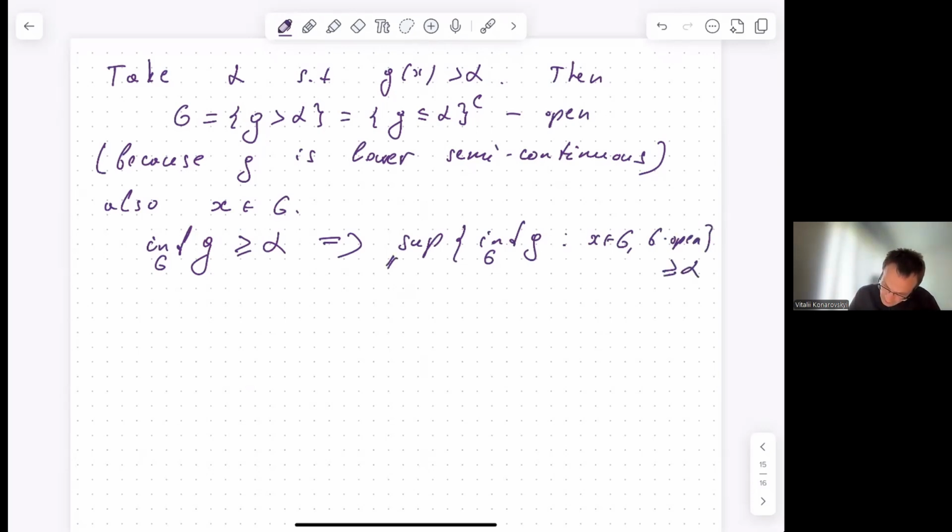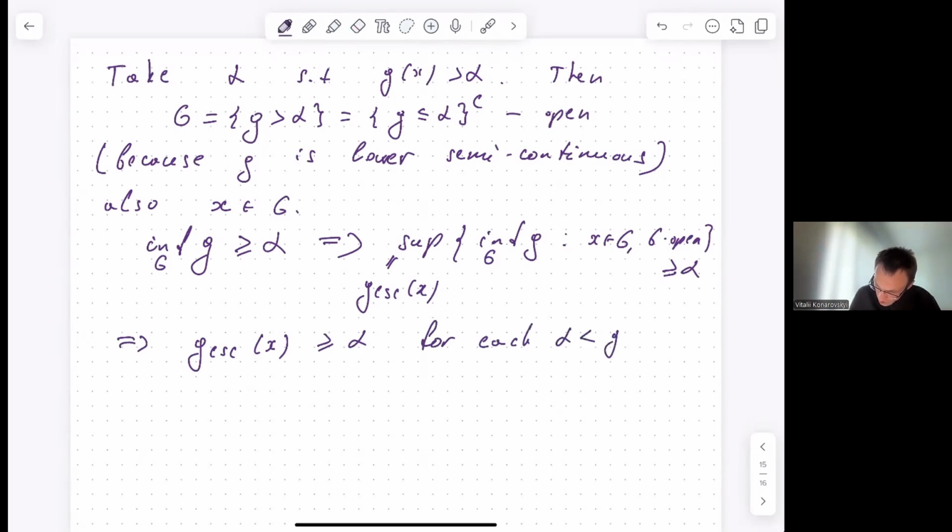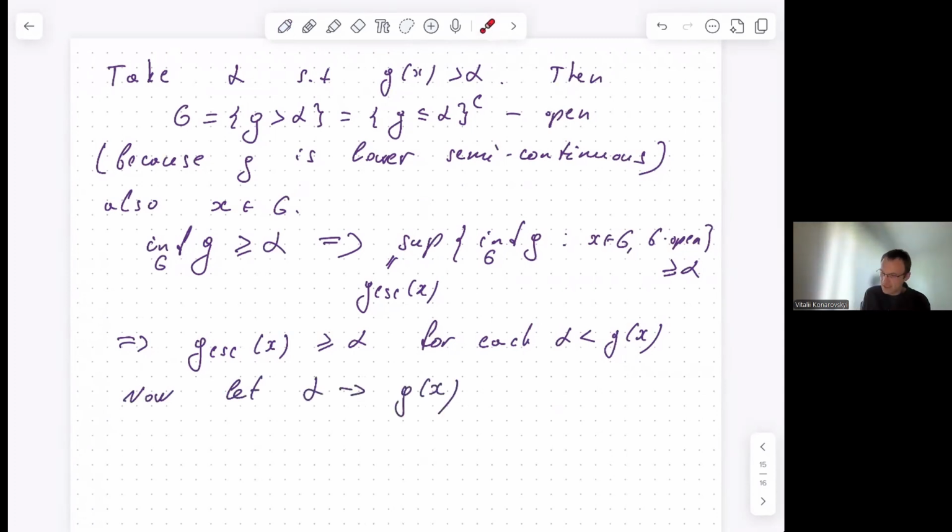But this supremum is the lower semi-continuous regularization of the function G. Thus, G lower semi-continuous of X is larger or equal than alpha for each alpha smaller than G of X. But now let alpha converge to G of X, so it just increases to the value of function G of X. For all alpha you have that inequality.